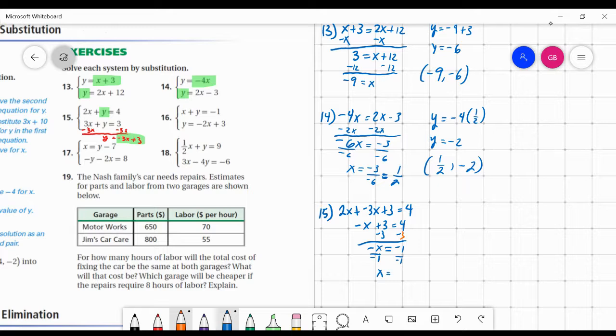So x is positive 1. Since x is positive 1, now I'm going to plug it into that red equation, the red one that I created. y equals negative 3 times 1 plus 3. y equals negative 3 plus 3. So y is equal to 0.